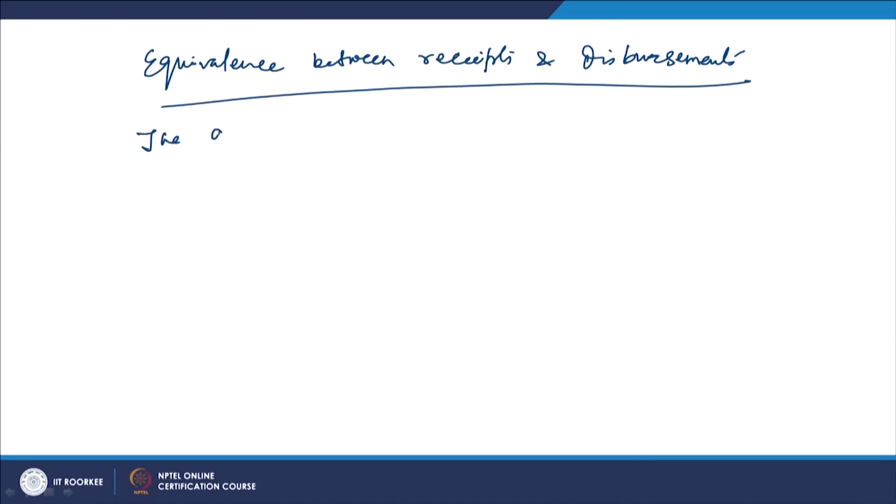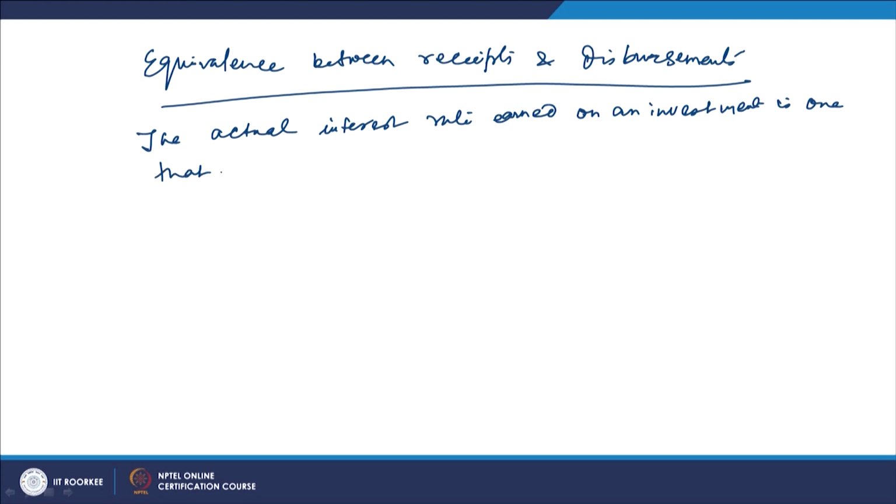At some time you have receipts and at another time you have disbursements. Now the equivalent receipt and equivalent disbursement must be equal. That is what the principle tells. So it tells that the actual interest rate earned on an investment is one that sets the equivalent receipt equal to the equivalent disbursement.